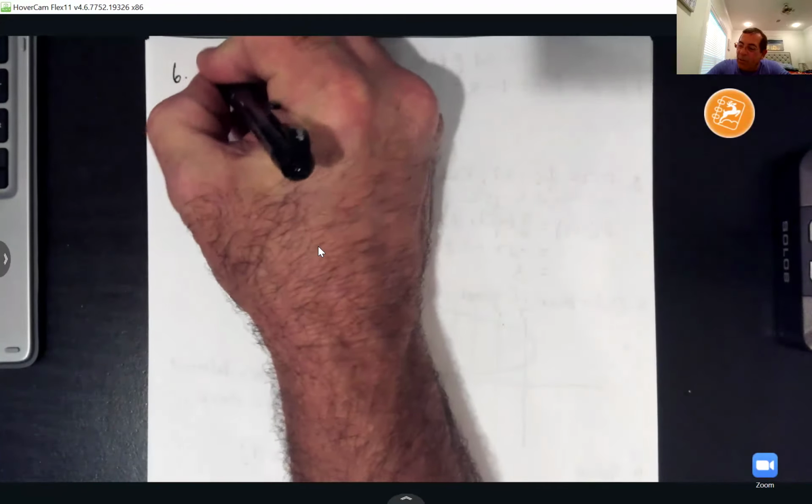All right, I'm going to decrease my zoom just a little. All right, on number 6, they want to match the inequality with a graph.